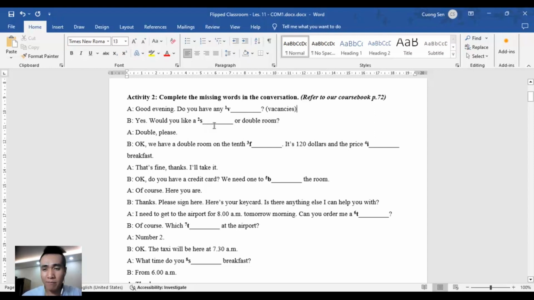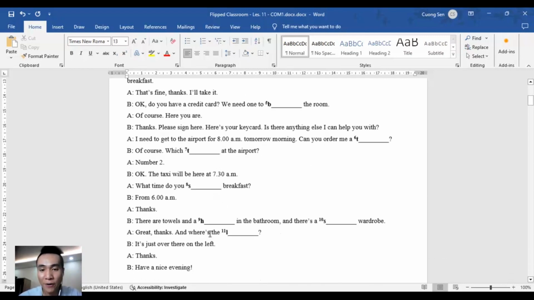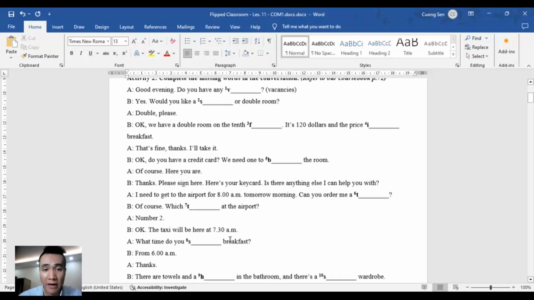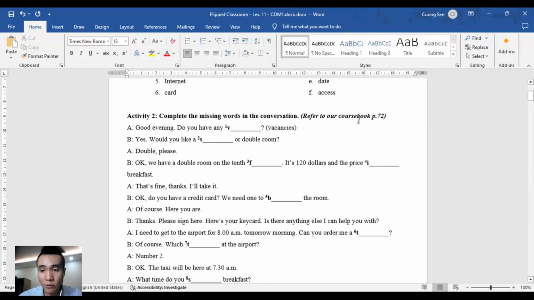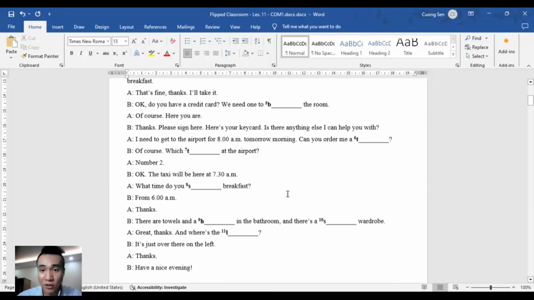The opposite of double is single, right? It starts with an S. I'm just guessing, I'm not sure if it's correct. So that's what you're going to do. Try to do number 3 to number 11. I think it should not be a problem because you have a course book to help you. So that's it, done with activity number 2.